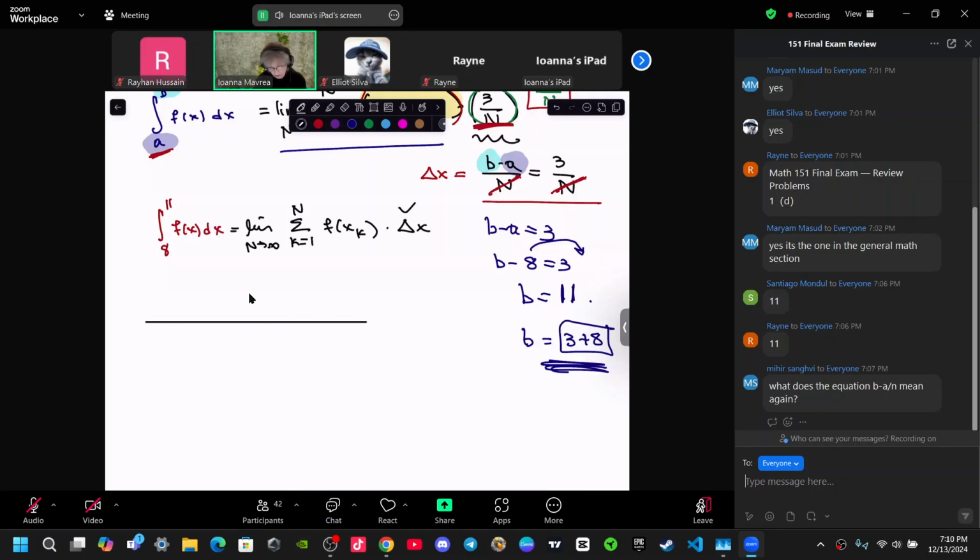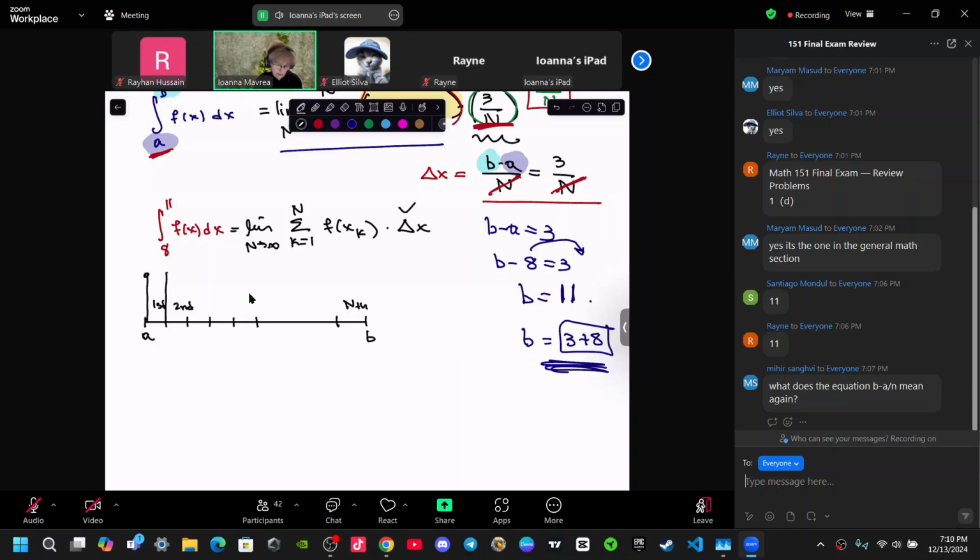So if you have an interval from a to b, and you cut it into however many subintervals. So this is the first, this is the second, and this is the last one, the nth little subinterval. And then you create little strips and you create rectangles, right? You have options for the height of the rectangle.